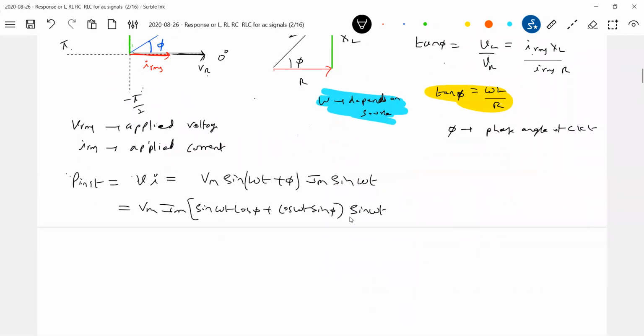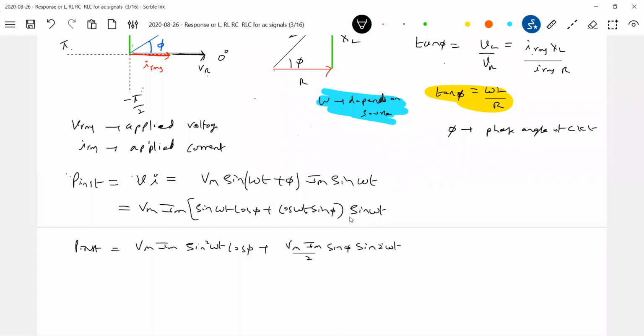So further, the instantaneous power is Vm Im sine square omega t into cos phi plus Vm Im by 2 sine omega t cos, this will be sine. I adjusted 1 by 2 here for the second term. Then 2 sine omega t cos omega t will become sine 2 omega t. And we have this much here.